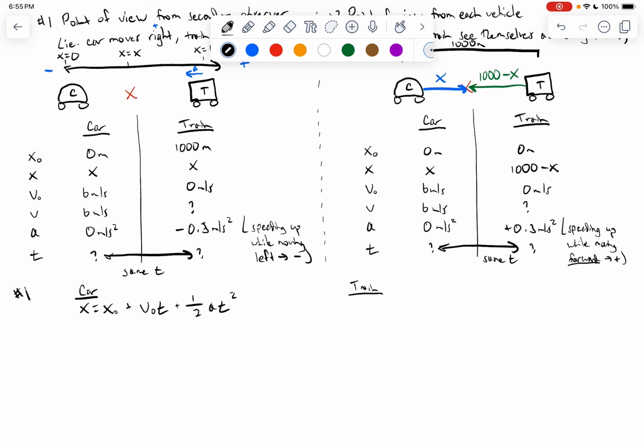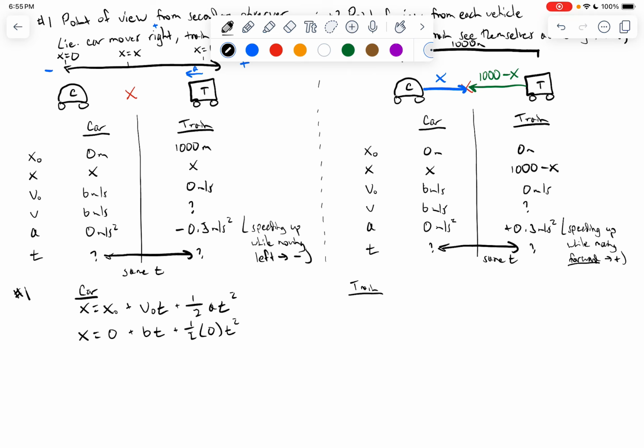So for the car, it ends up at this position x. It has an initial position of 0 and an initial velocity of 6 meters per second. We don't know how long it's traveling for, so we'll call that t. And the car has 1/2 times an acceleration of 0 for our constant velocity, multiplied by our unknown time t squared. So that's the equation for the car.